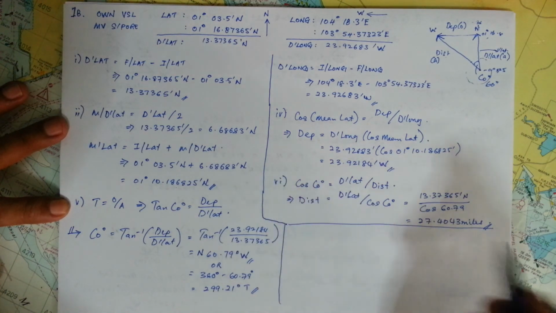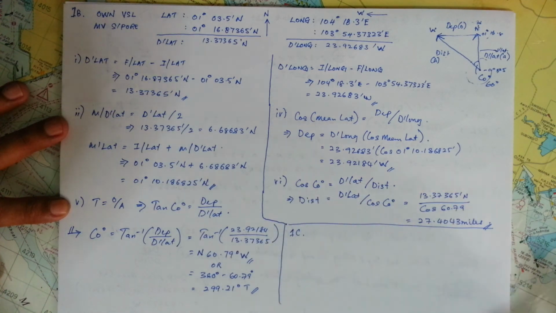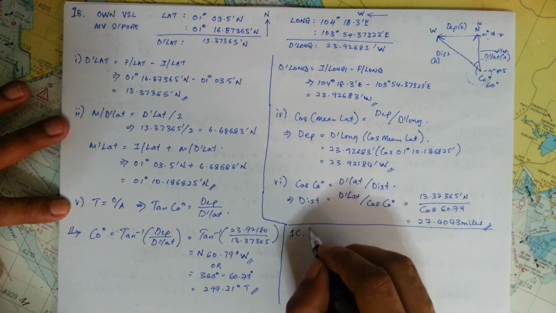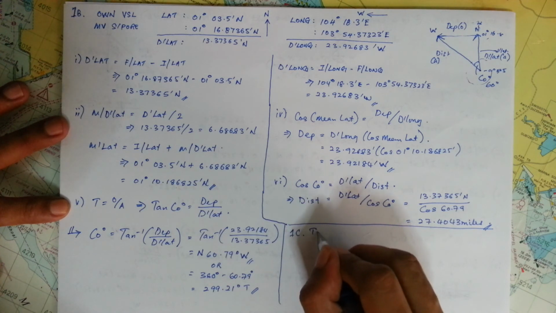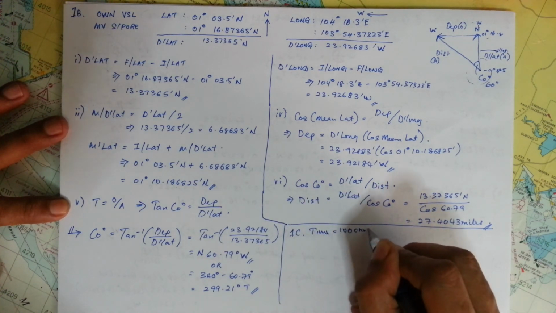Now we are going to do 1C. It says that we have time at 10 o'clock, or 1000 hours.